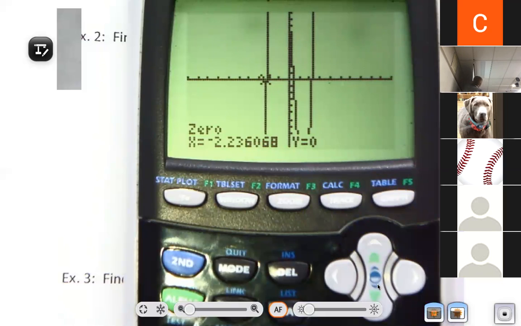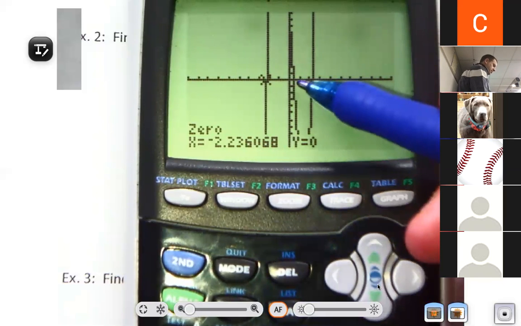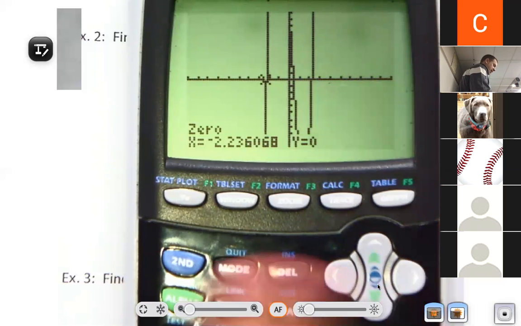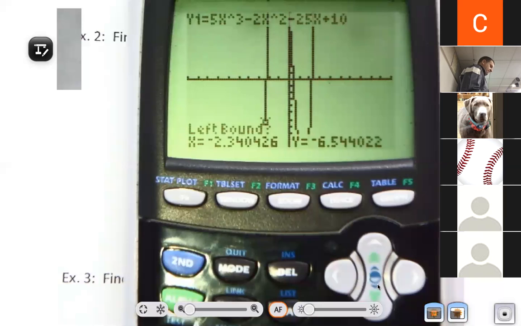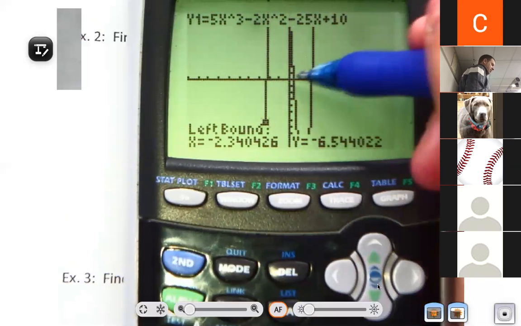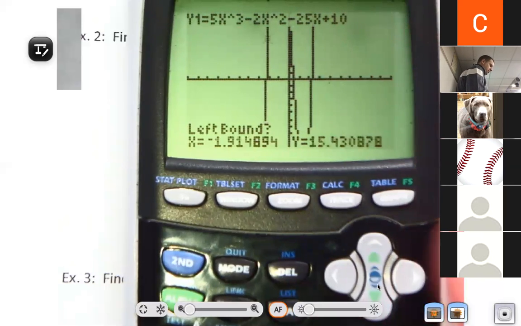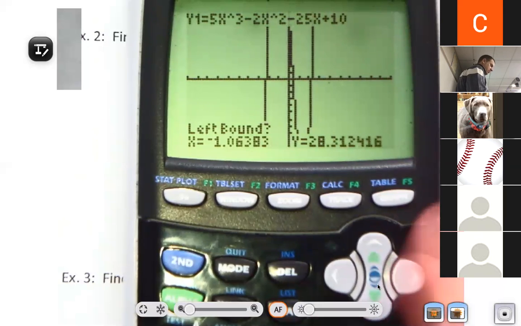Okay. So let's say I want to find this middle x-intercept. I want to find the middle one right here. Okay. Well, I'm going to do second, calculate. I'm going to do zero. And now I want to find that middle x-intercept. So I'm going to arrow to the right. Keep arrowing until you see your cursor.